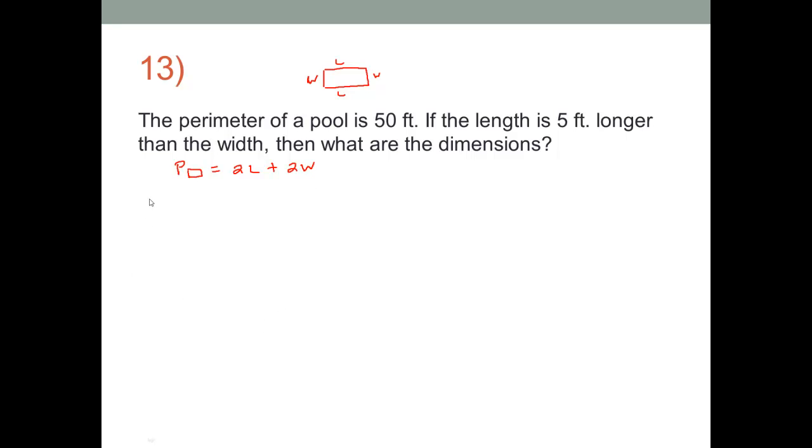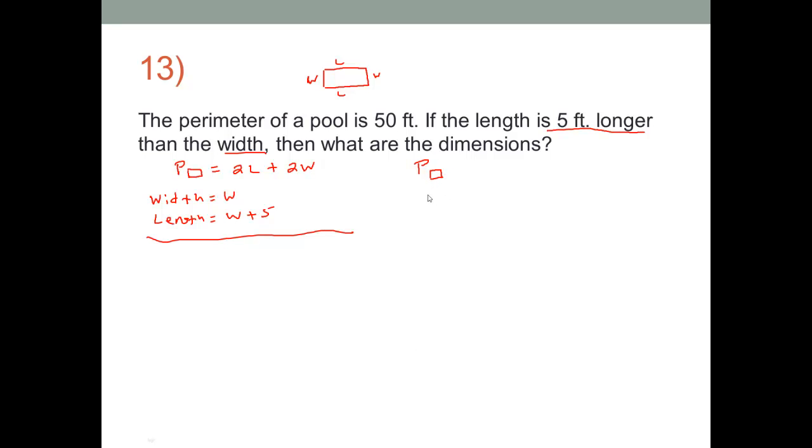Alright, now the width, we don't know what it is, we don't know anything about it, so we'll just call it W. The length, one side of that pool, we do know something about it. We know that it's 5 feet longer than the width, so we'll call it W plus 5. Okay, so now with our formula, we can create an equation out of this.